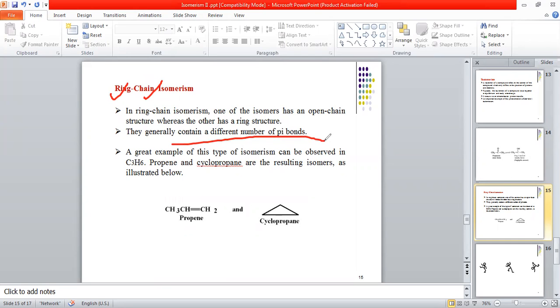A great example of this type of isomerism you can observe in C3H6, propene and cyclopropane. This one here is cyclopropane, where 3 carbon atoms are in a ring, and in the other, 3 carbon atoms are in a chain-like structure.